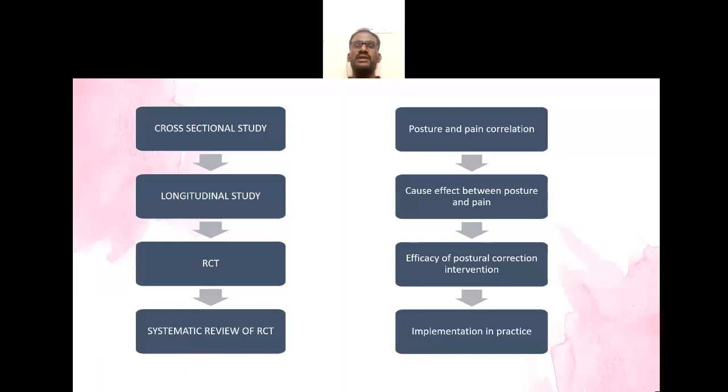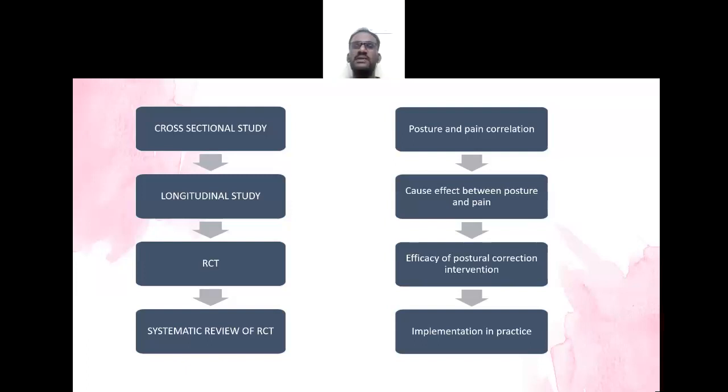The problem which seems to be happening, from my point of view, in our profession is that we have seen some correlation between posture and pain, and we have bypassed the second step and the third step, and directly implemented in practice, considering that posture had caused the pain, and that postural correction intervention will correct the posture and thereby improve the pain.